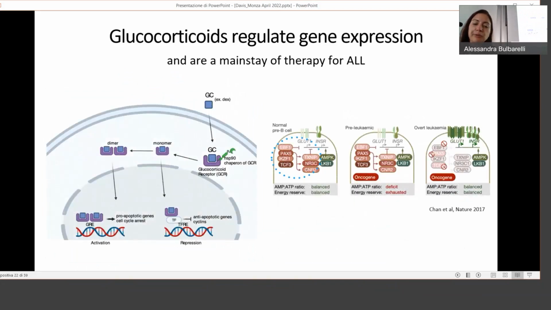For time I'm going to skip through this, but there's also been a lot of work about the relationship between cellular metabolism and energy, and how that regulates both the expression of the glucocorticoid receptor and also interplays with B cell transcription factors that have to do with energy metabolism. So all these things start to become connected in some way.